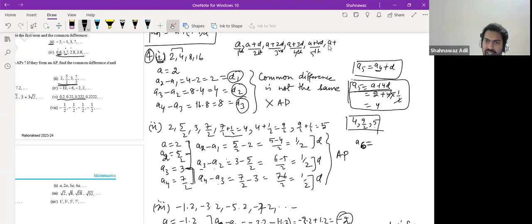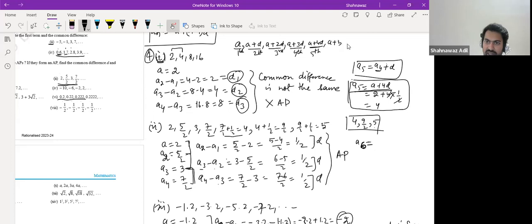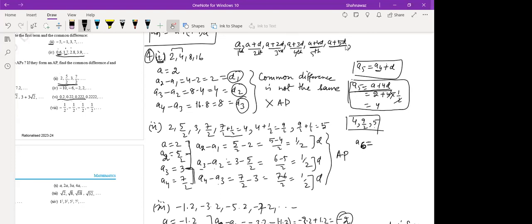So what will be the sixth term? A plus 5D, yes. So this would be the fifth term. And what would be the seventh term? A plus 6D.